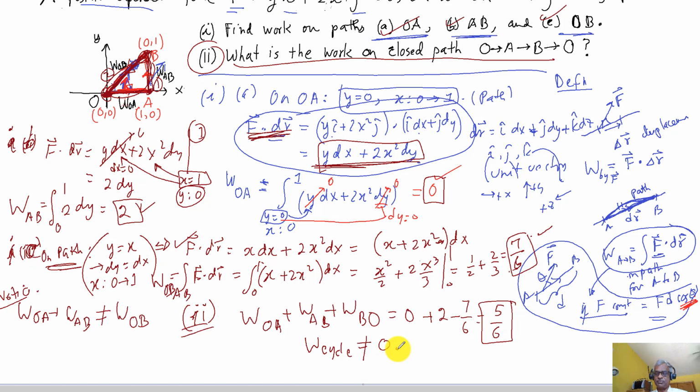If you have a non-conservative force, such as friction force, in general, this kind of situation will happen. Of course, for friction force, the work will be negative because the force will be actually taking the energy away from the system. This force, the way it's given, is actually putting energy in the system, and that's why the work is positive.